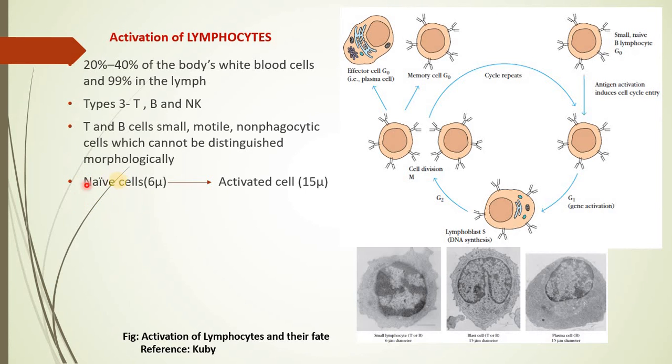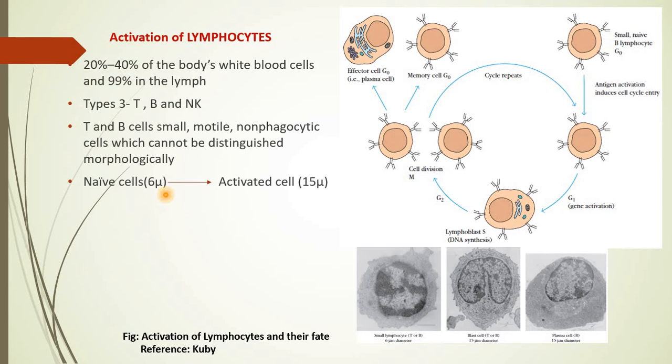These are very small, motile and non-phagocytic in nature, and their size measures nearly 6 micron in diameter. Such naive cells are always present in the bone marrow.